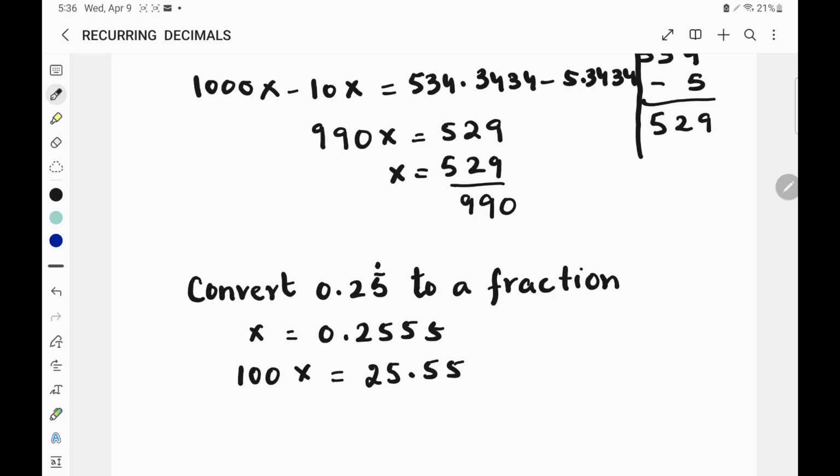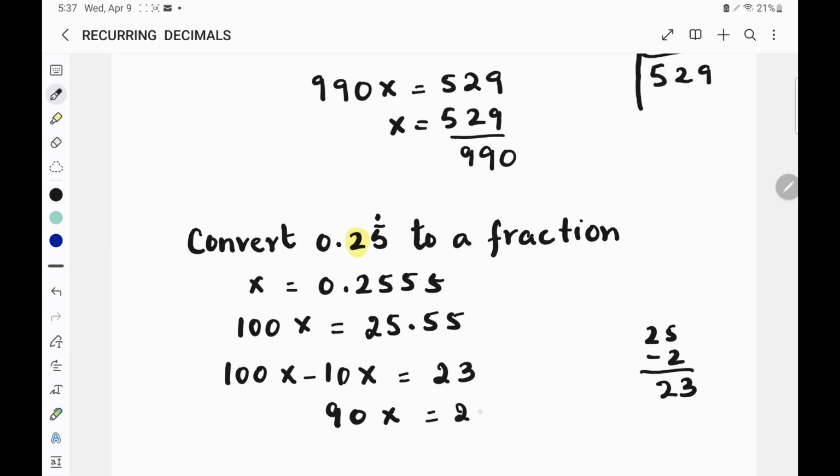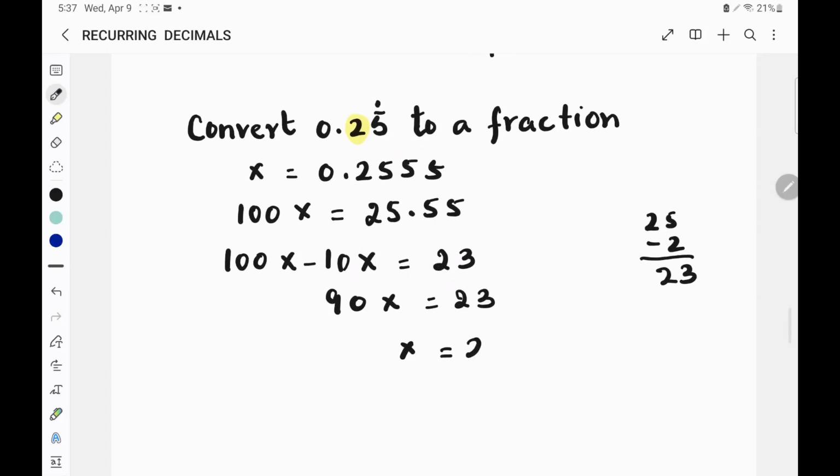As we know that there is just one number which is not repeating, we do minus 10x. So 100x minus 10x, and the number not repeating is 2. So now I'm doing it in a very simple way: 25 minus 2 is equal to 23. So you write down 23 here, and then it becomes 90x equals 23, and x is equal to 23 over 90. That is the answer.